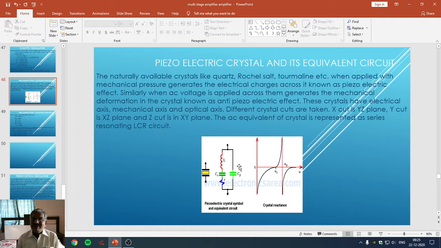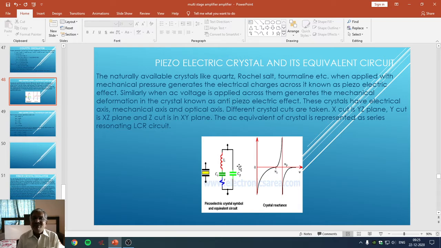The first is that if you apply mechanical force across the opposite faces, electrical charges are generated. This is known as the piezoelectric effect. The other is that if you apply electrical voltage across two faces, exactly opposite to that, it generates mechanical vibrations. It is known as the anti-piezoelectric effect.